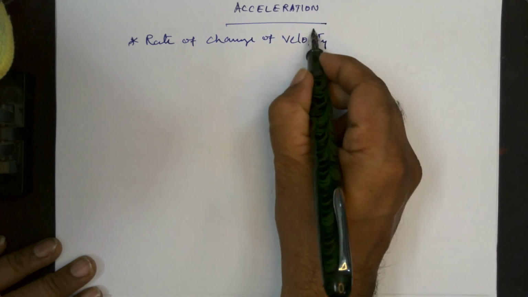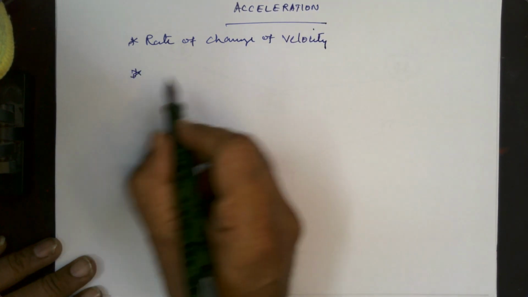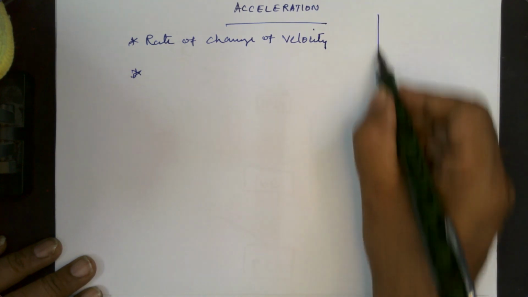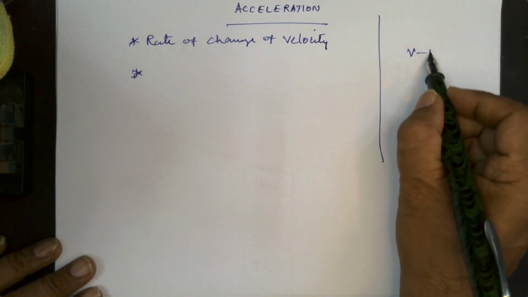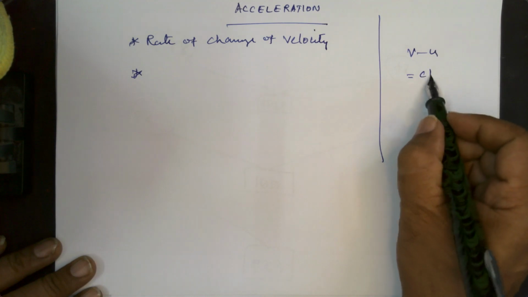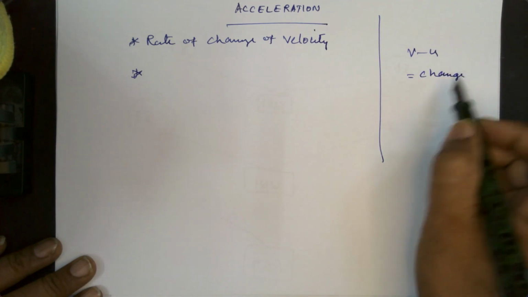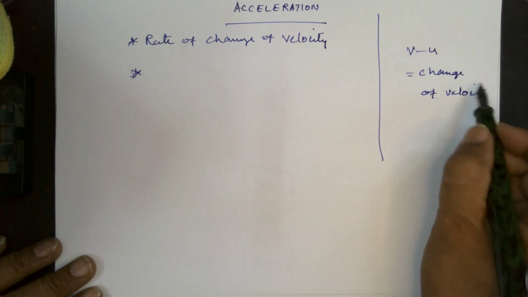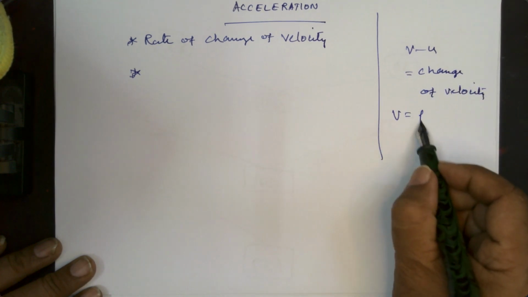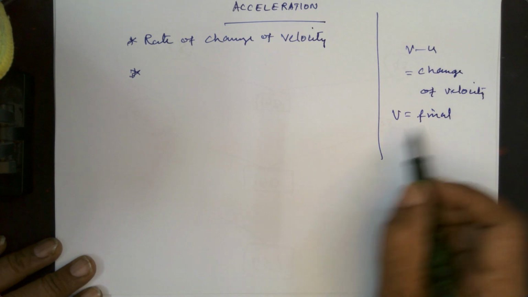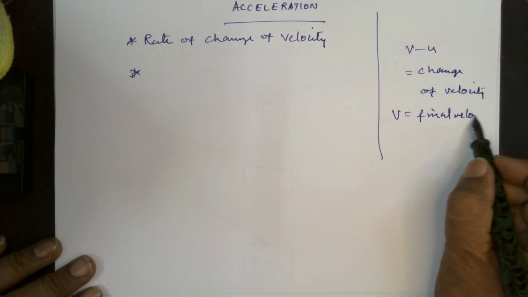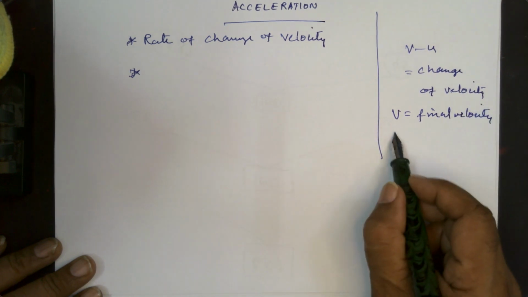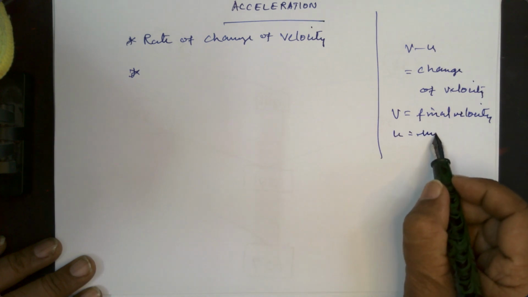Change of velocity is indicated by v minus u. This is called change of velocity, where v is equal to final velocity and u is equal to initial velocity.